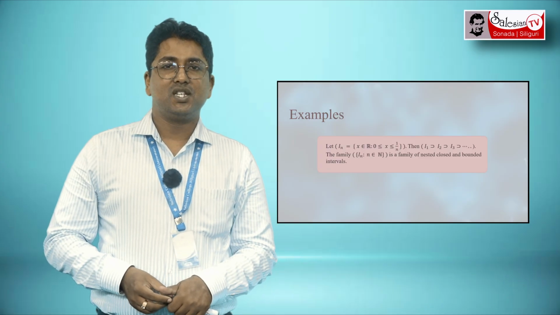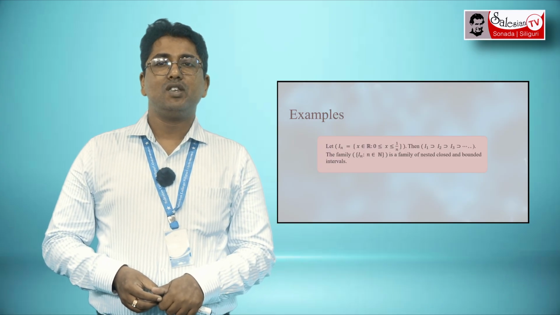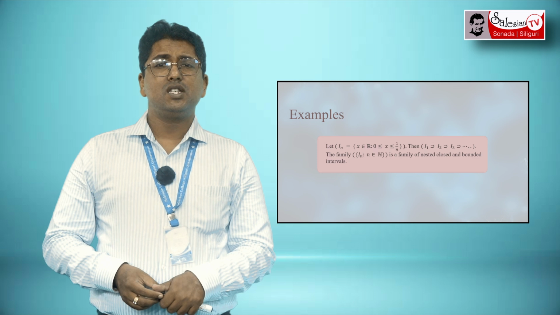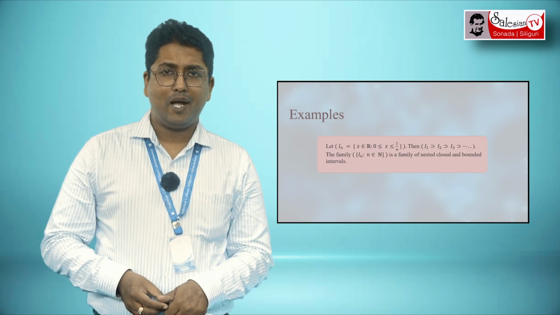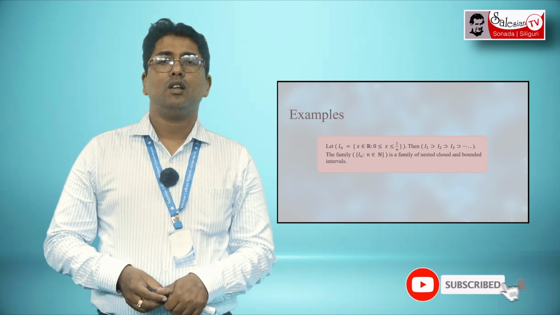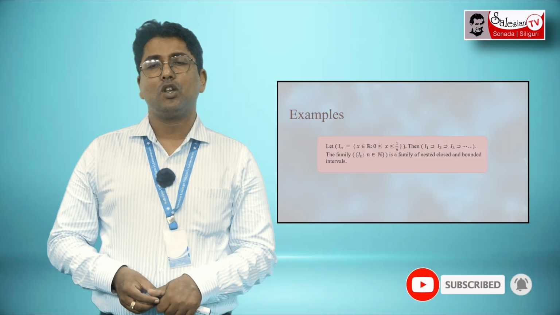That means the first interval I1 becomes the closed interval [0, 1], the second interval I2 becomes the closed interval [0, 1/2], the third interval I3 becomes [0, 1/3], and in this way it will continue.